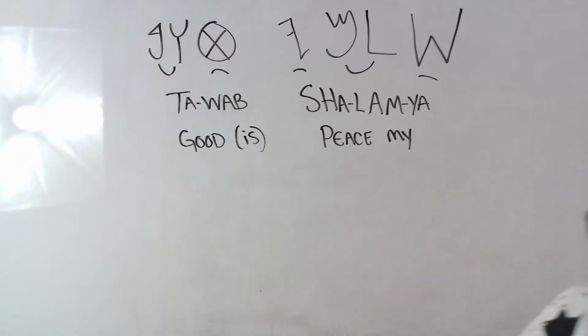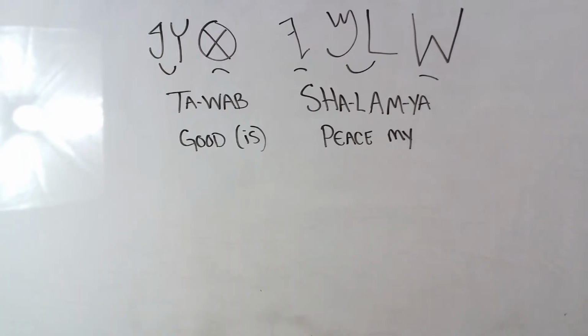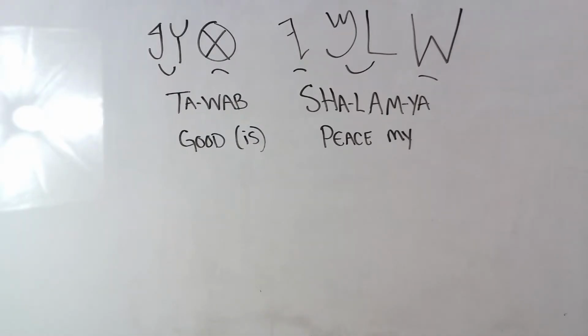Go ahead. Oh, let me get you the mic, sister, so they can hear you. Shalom. When a brother or sister asks us when we meet together and gather together, are you Tawab? How are you?